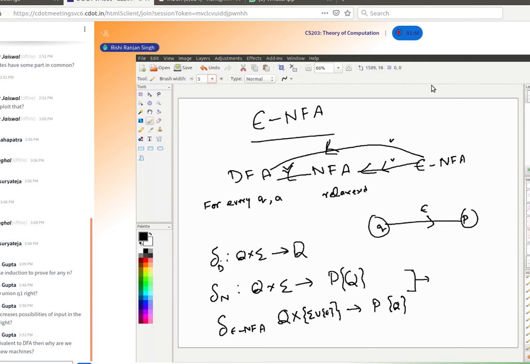We are building a machine and just trying to see what happens by doing different kinds of alterations to it. In the first version, we increased the power of the machine to go to multiple states for a given symbol. But we realized that this change is not letting you do better. It's like you had a car and said, okay, I'm just going to add 2 flaps to it and let's see if it flies or not.